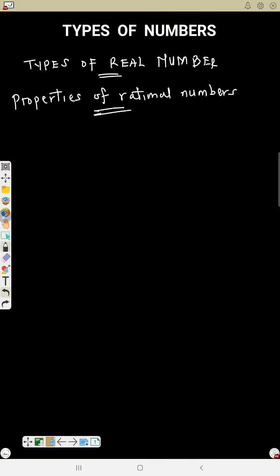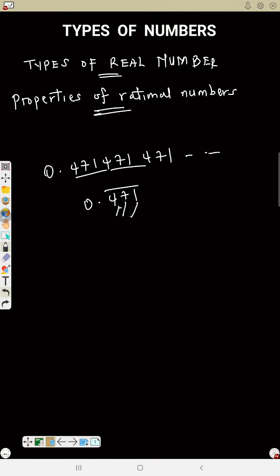Now let's say 0.471471. If I want to shorten this, it is 0.471 with a bar on it because it's repeating. The periodicity of this number is 3, that is 471. So 471 will repeat to eternity.